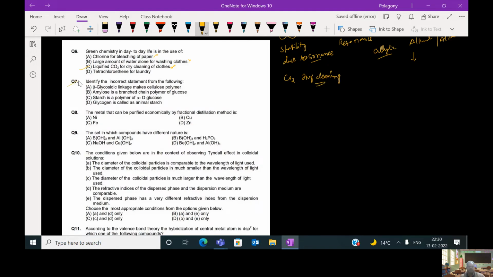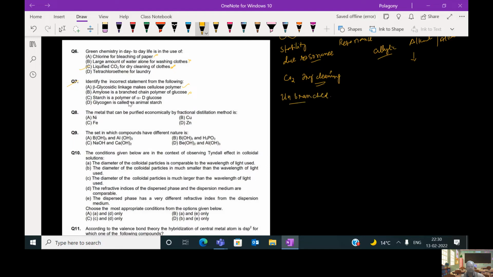Now, question number 7, identify the incorrect statement from the following. Beta glycosidic linkage makes cellulose a polymer. Okay, right. Amylose is a branched chain polymer of glucose. It is wrong. Amylose is not a branched one, it is unbranched.